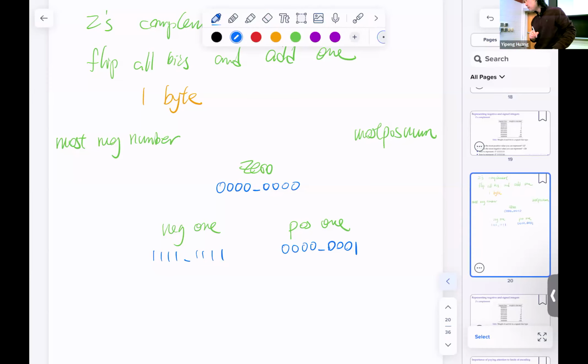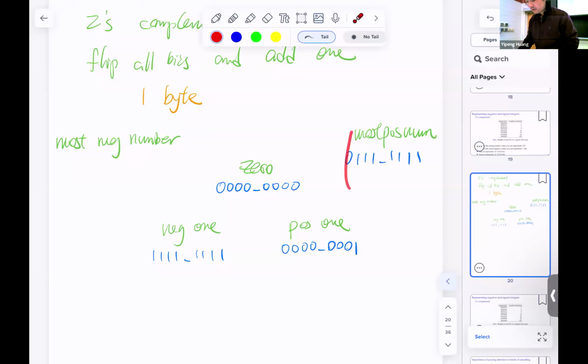How do we write down the most positive number possible? You propose 0 and all 1s. So why 0 at the beginning? We're appealing to a design choice. We want all positive numbers to have a leading 0, so that we can see immediately that it's a positive number.